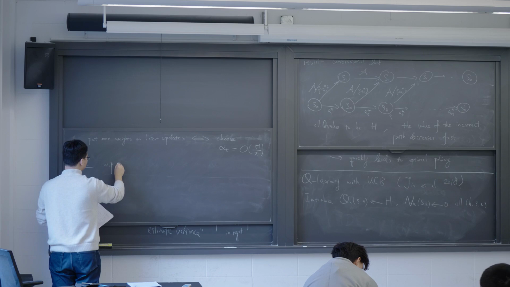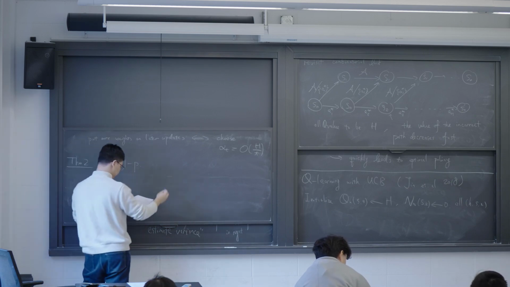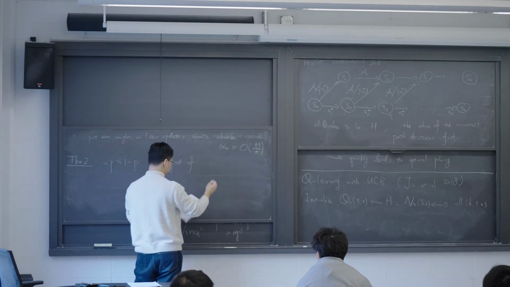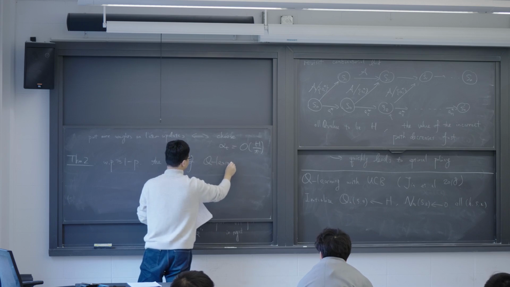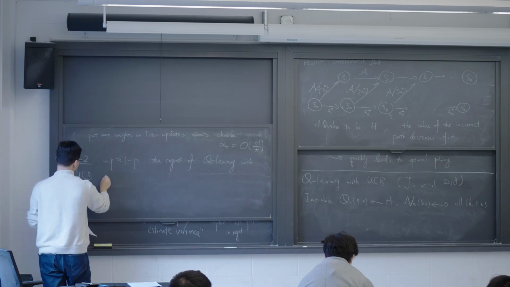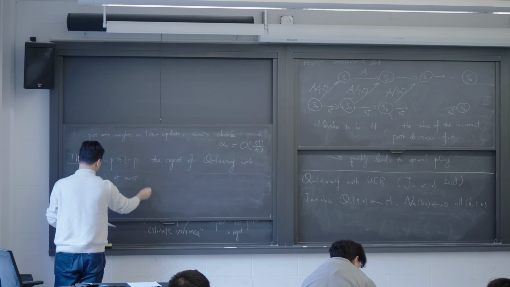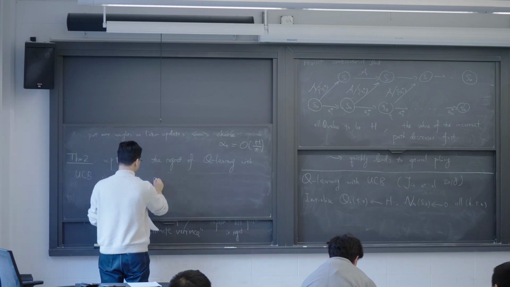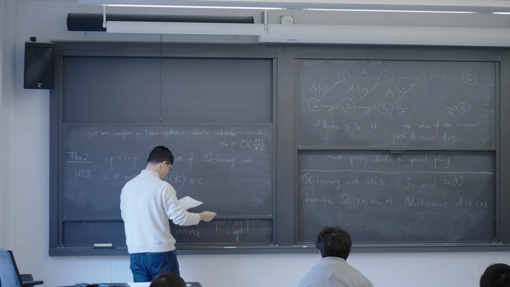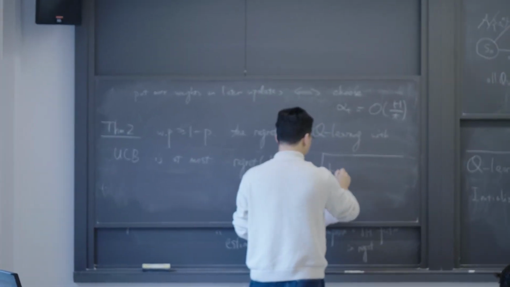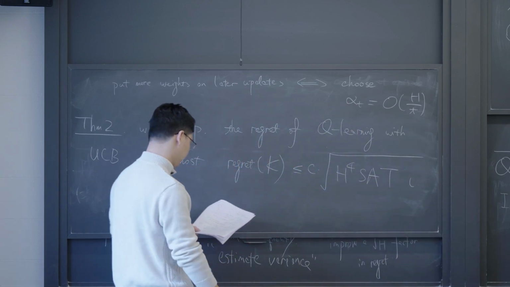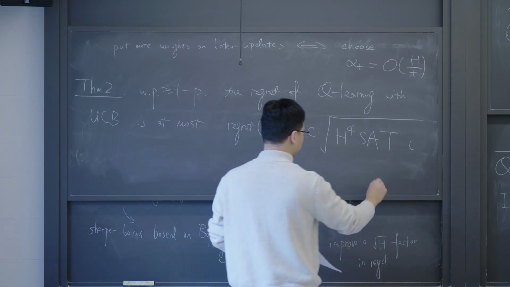With probability greater than or equal to 1 minus p, the regret of Q-learning UCB is at most c times the square root of h to the 4th SAT iota, where iota is again a log term.